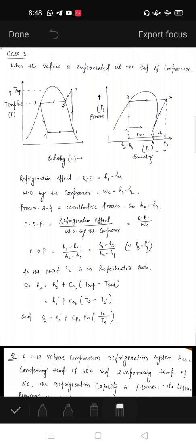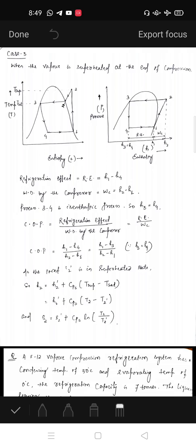So our point number 1 will touch the saturation vapor curve, and as process 1 to 2 is an isentropic compression process, the entropy at point 1 will be the same as at point 2. So here S1 will be equal to S2. So 1 to 2 is your isentropic compression process.